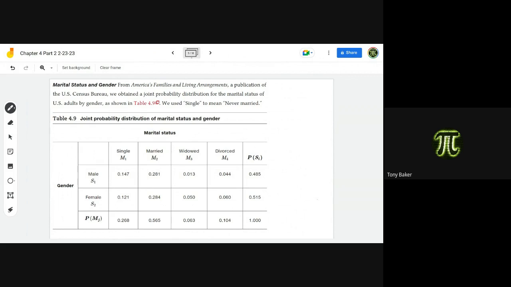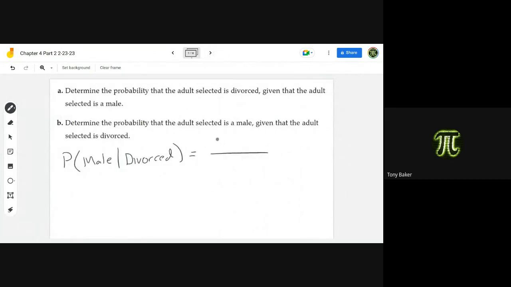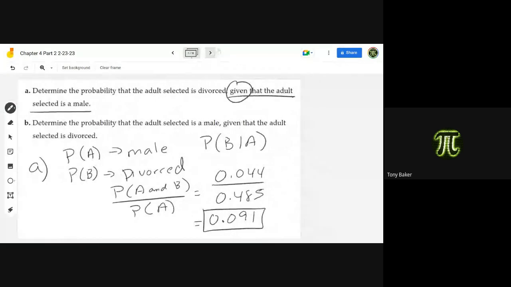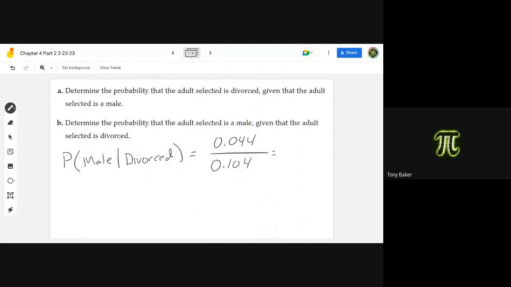So what's the bottom number? Oh, 4, because I'm given divorced. And my top number is still the same, 0.044. So this one comes out to be 0.423.